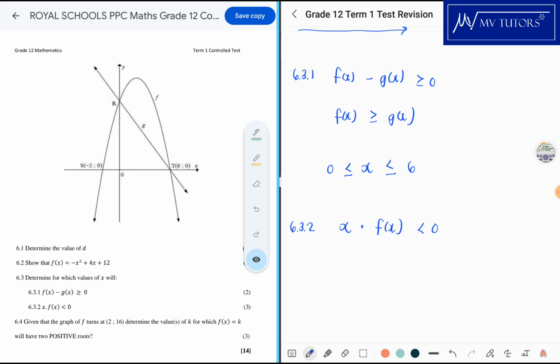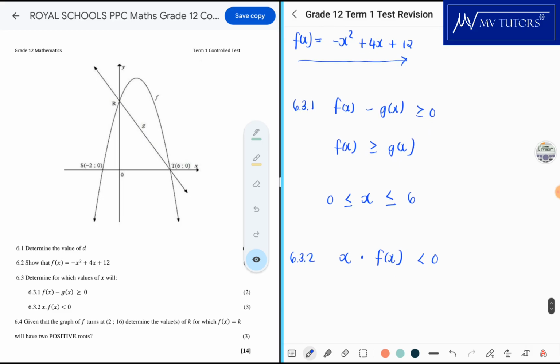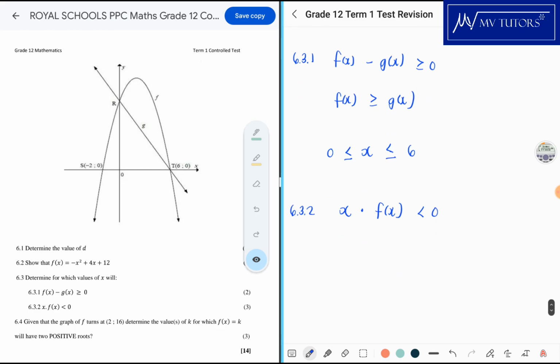So what you can do, which could be a little bit complicated, you can take your equation for f of x and multiply it with x. What that will do, you'll now get a cubic function, which makes things a little bit complicated, as I said.